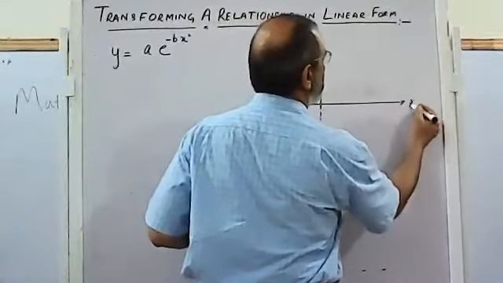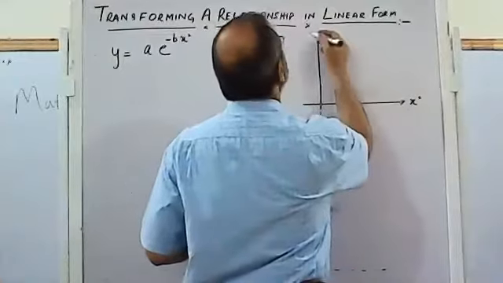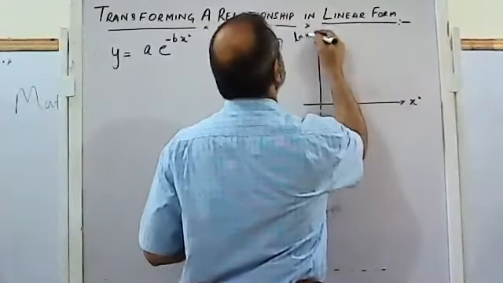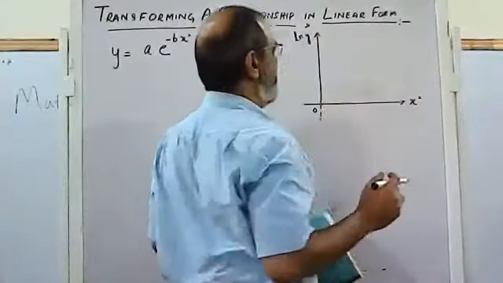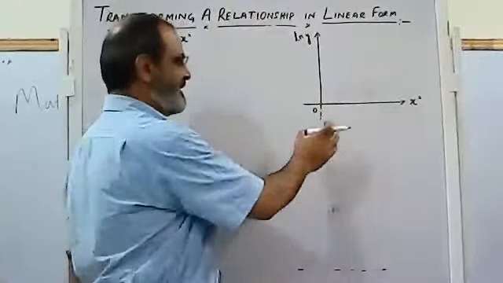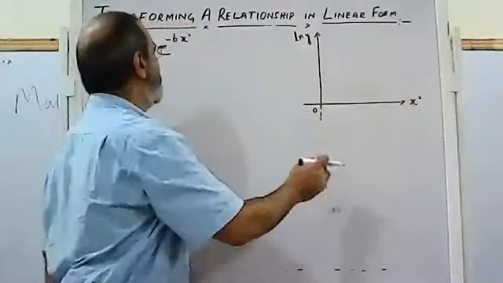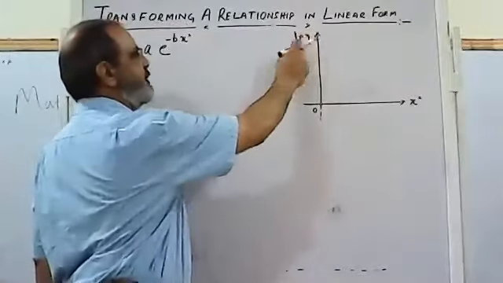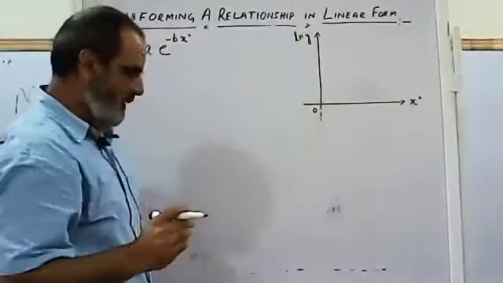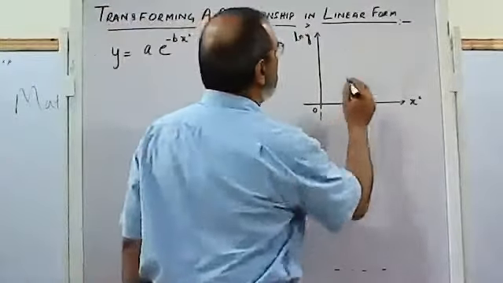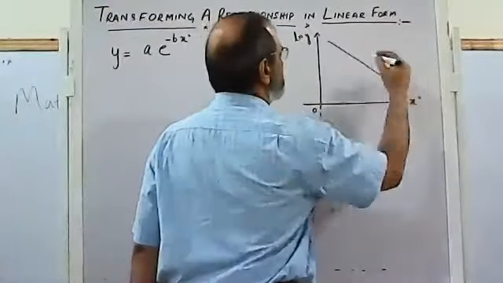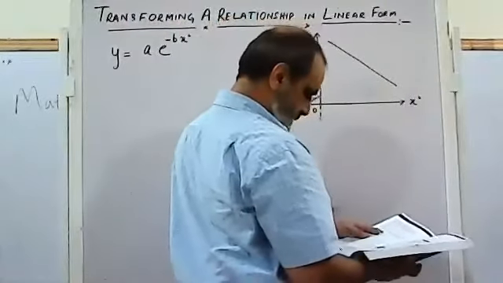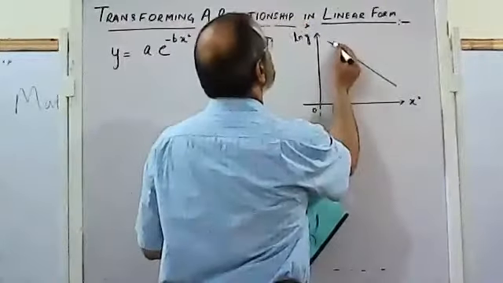It is between x square and ln of y. As you can see, along x-axis, we are taking x square because the variable here is x square. And along y-axis, we are taking ln of y. The graph of these two quantities give us a straight line, something like that, which passes through 2 points.